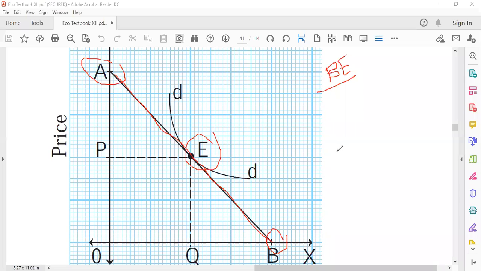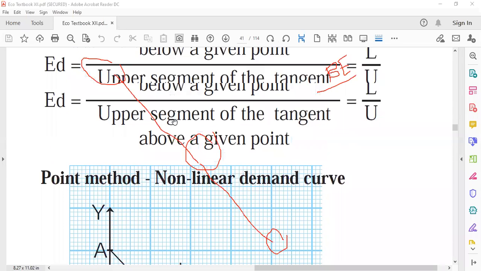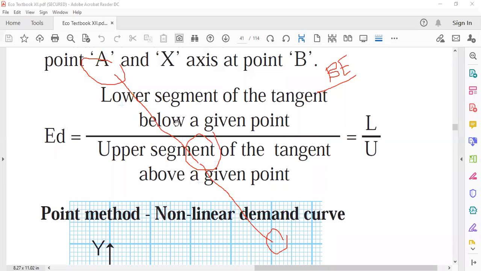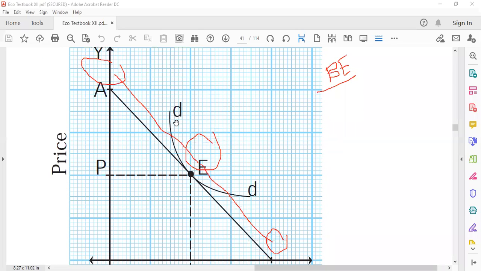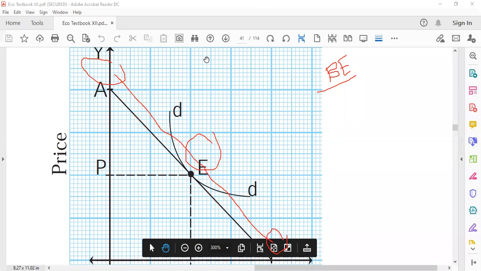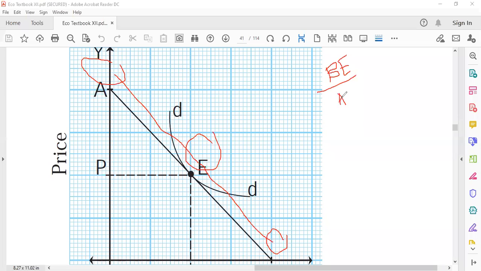How to calculate the elasticity of demand? Again we will use the same formula, that is the lower segment of the demand curve divided by the upper segment. Now what is the lower segment over here? Lower segment is BE. And what is the upper segment over here? Upper segment is AE.